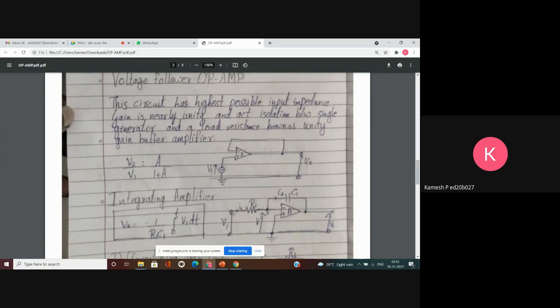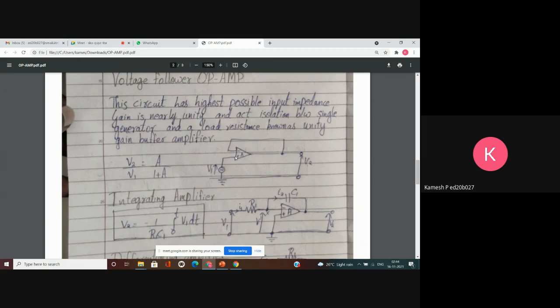So the voltage follower. The circuit has the highest possible input impedance. Rin is very large, and the gain is nearly unity, and it acts as isolation between the signal generator and a load resistance.